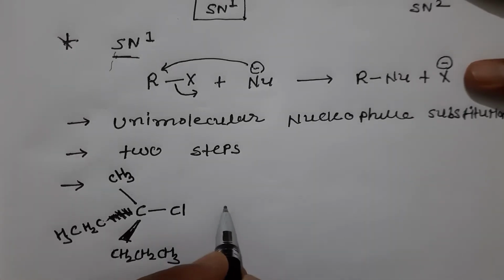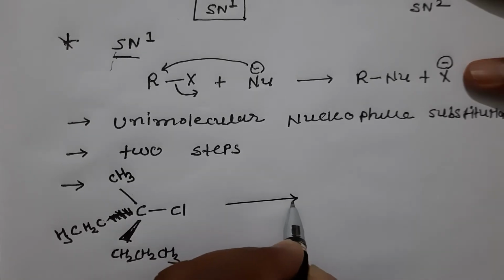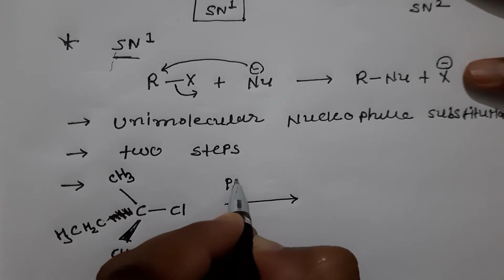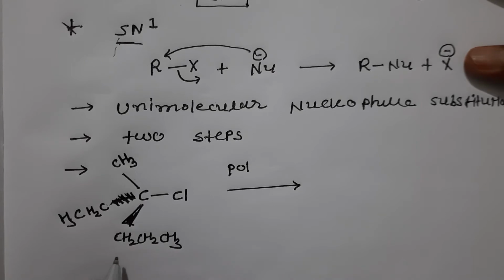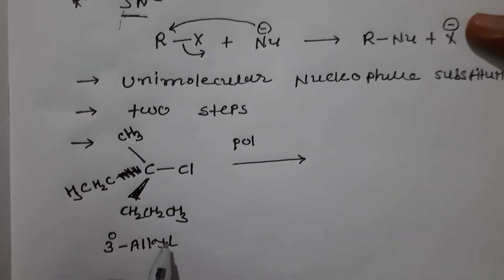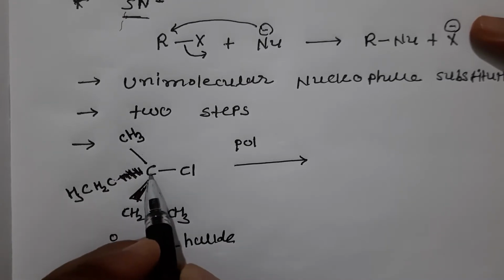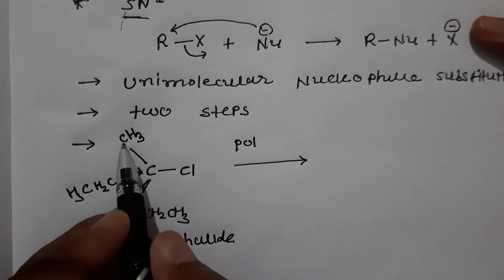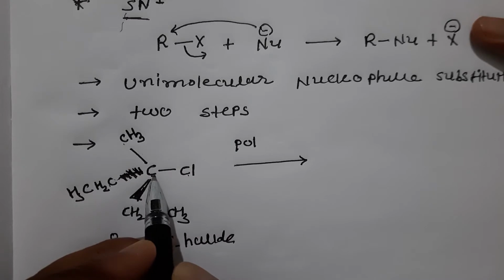Now in the first step, what happens? In the presence of a polar protic solvent, this polar protic solvent supports the SN1 reaction. A 3-degree alkyl halide also supports the SN1 reaction. This is a 3-degree alkyl halide because this carbon is attached to another 3 carbon atoms, so this carbon is a tertiary carbon atom and the halogen is attached to a tertiary carbon atom.